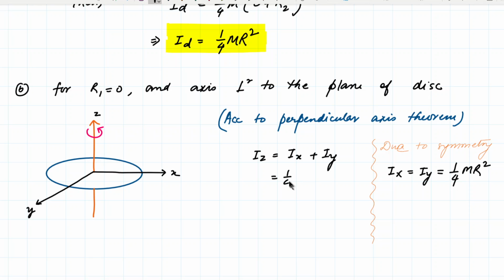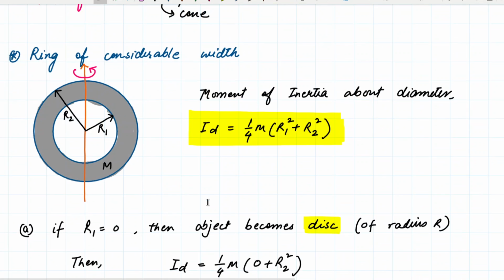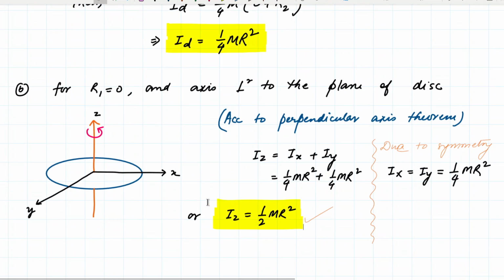So Iz is 1/4 M r square plus 1/4 M r square, or Iz is equal to 1/2 M r square. This is the moment of inertia of a disk about an axis perpendicular to its plane and passing through its center of mass.